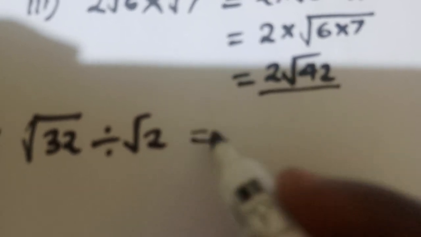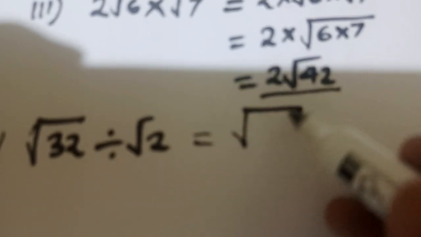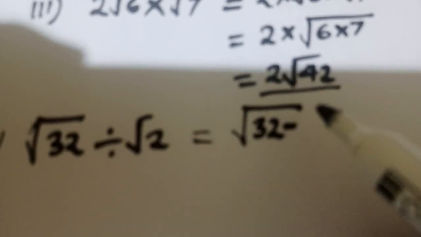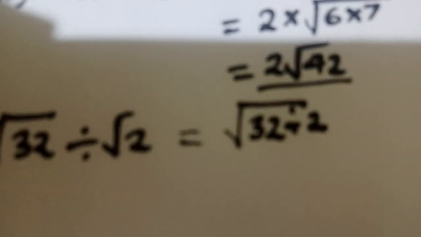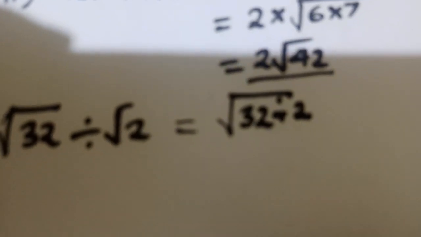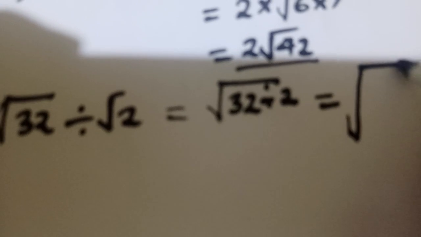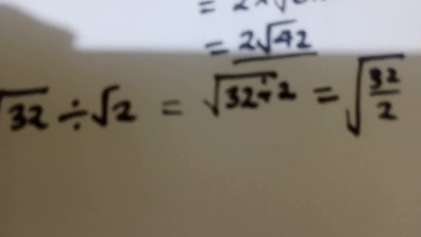So in this case, again, as we've said, what we do is take 32, of course, after writing the root sign, then divided by 2, as we have it here. Remember, this can also be written as the root sign, then 32 divided by 2.